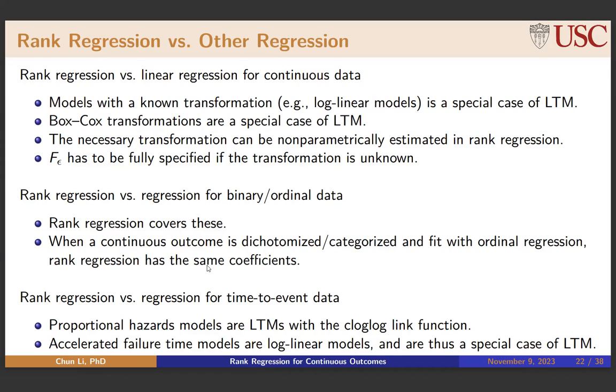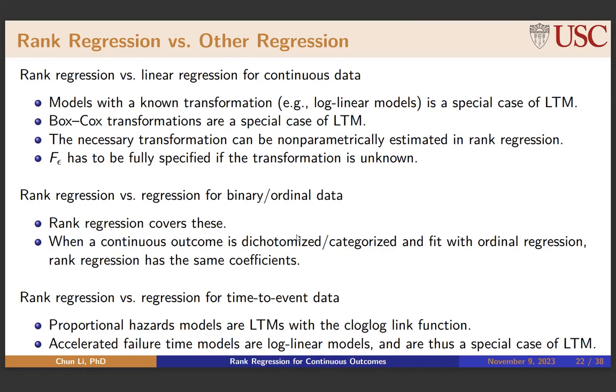Cox proposed this proportional hazard model in 1972, and a year later, researchers found out that it's essentially a transformation model, and there's a way to write down the likelihood so that it reduces to the Cox partial likelihood. And after 10 years, people developed a general rank regression model, but using that type of likelihood, it turned out to be not efficient and computationally not good. So it died out.